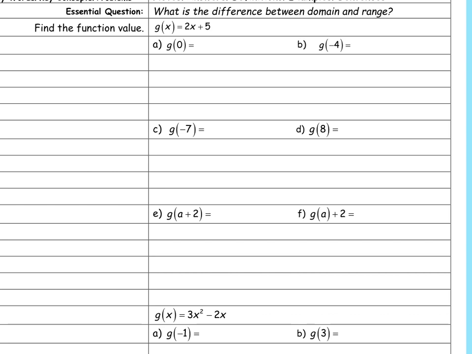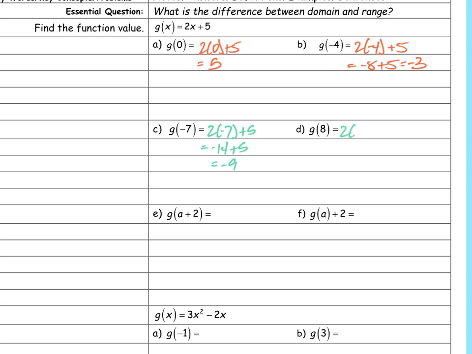Let's see. So g of 0 is 2 times 0 plus 5, which equals 5. G of negative 4 is 2 times negative 4 plus 5, which is negative 8 plus 5, or negative 3. Then we've got 2 times negative 7 plus 5, which is negative 14 plus 5, which is negative 9, pretty sure.